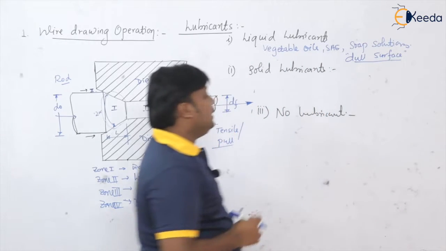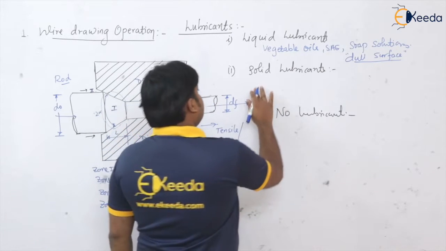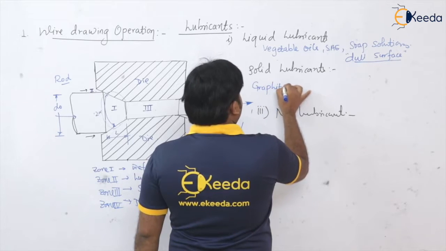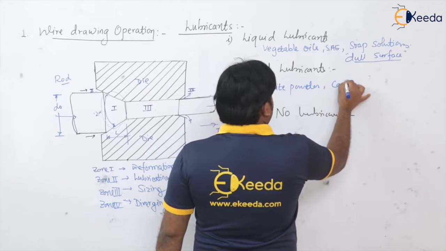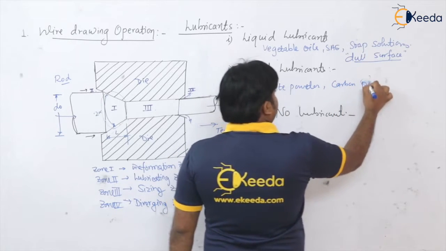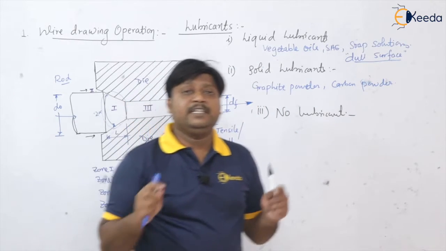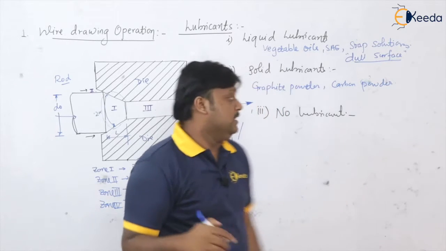Okay, remember this. When we use solid lubricants like graphite powder or carbon powder, we are going to get a very bright, shiny, silvery appearance on the wire.